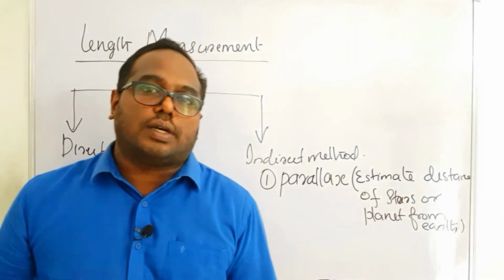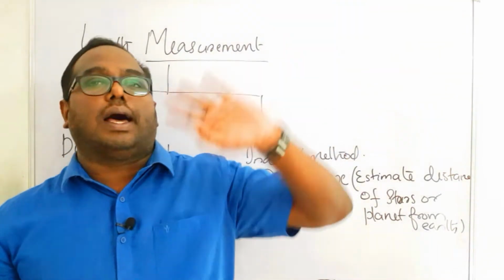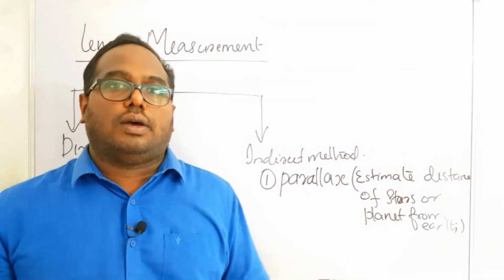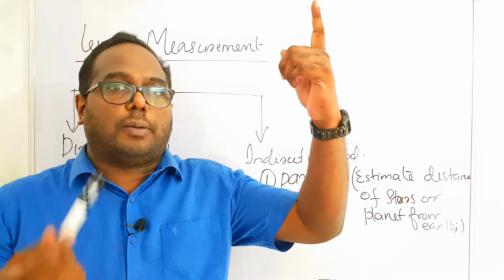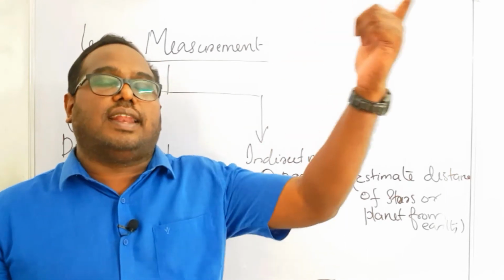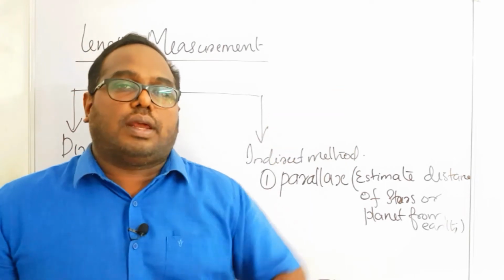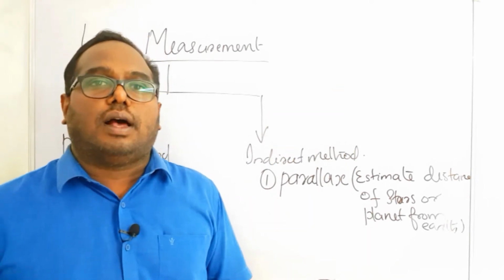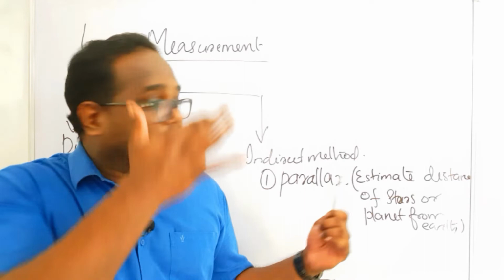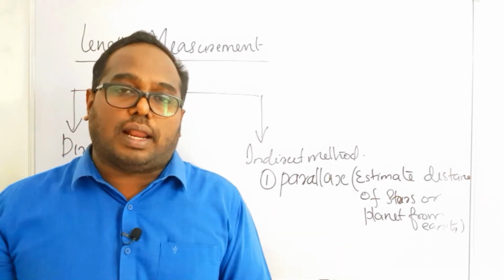If you want to measure the distance of a planet or a star, we cannot reach the other point. One point is at the surface of Earth, the next point is on that star. It is not convenient to reach that point, right? So we use indirect method, our logic and mathematical calculation. This is that method, that is parallax method.